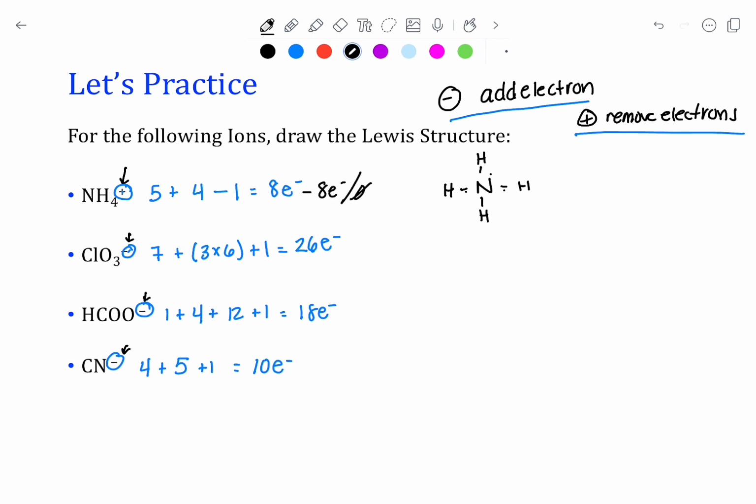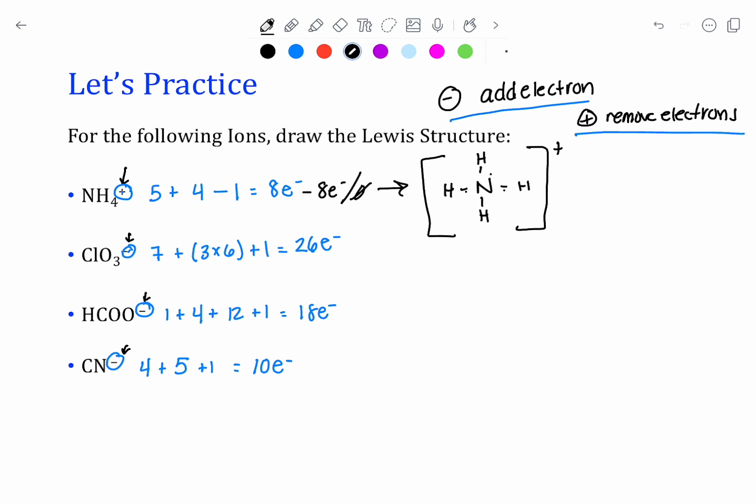I have no electrons left. My hydrogens all have duets, and my nitrogen now has an octet because it has 4 bonds around it. So the last thing I have to do is surround this with a bracket and put my charge.